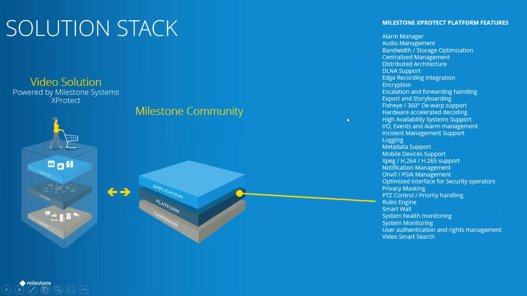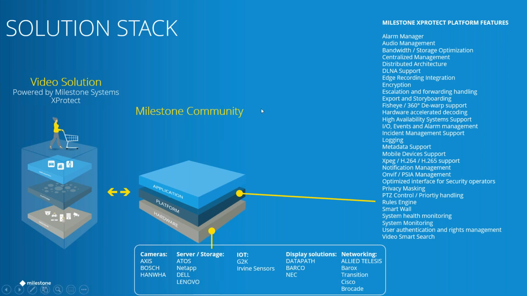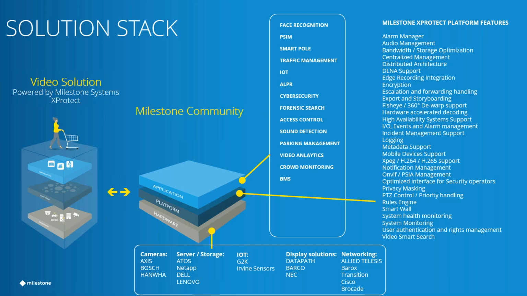So I'm gonna quickly talk about the solution stacks for you to understand better what we offer and where do we come in Milestone Open Platform. So if I look at the typical solution stack, you have the application layer that is on top. If you see the deck that I'm showing here, that's where our application partners, community partners like facial recognition, traffic management system, parking management system, BMS, forensic search, access control, all these partners comes in based on your requirements.